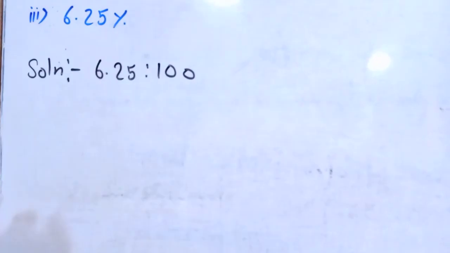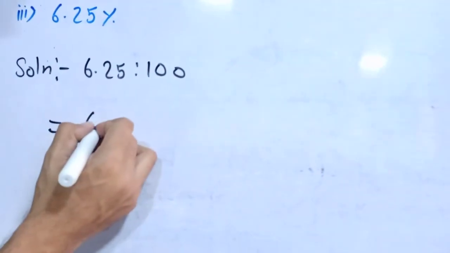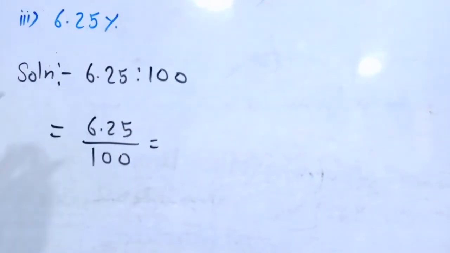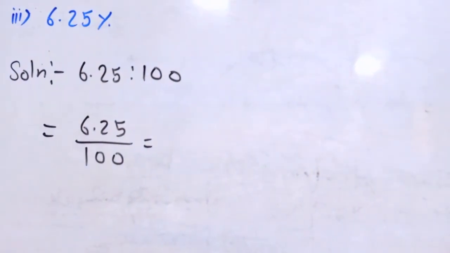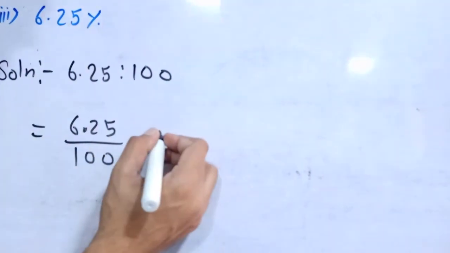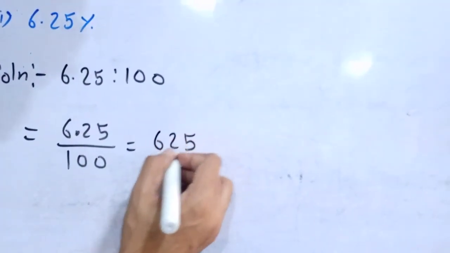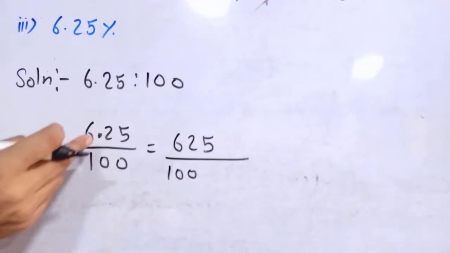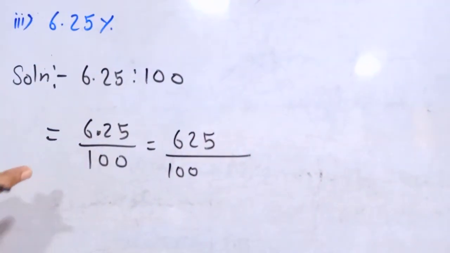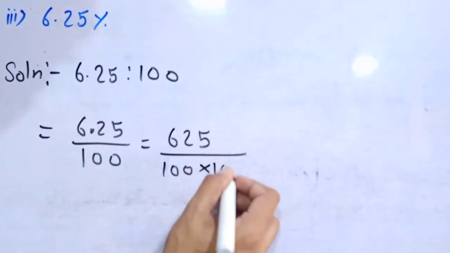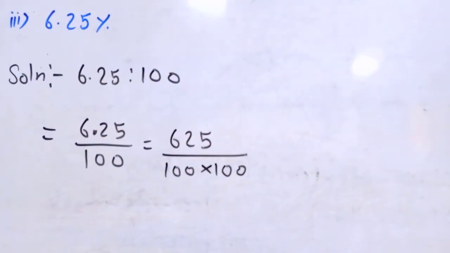So we can write 6.25 upon 100. In the numerator we have 2 digits after the decimal point, so we are going to remove it. It will become 625. To remove this 2-digit decimal, we multiply the numerator by 100, so the denominator also we have to multiply by 100.